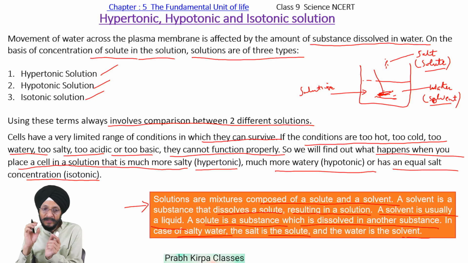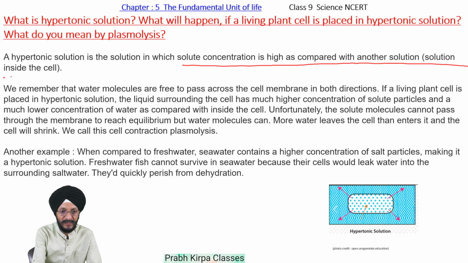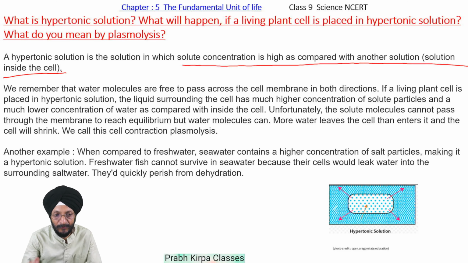A hypertonic solution is a solution in which solute concentration is high as compared with another solution, that is, the solution inside the cell. When we are talking about the cell, we talk about the nature of the solution inside the cell, and what is outside the cell.